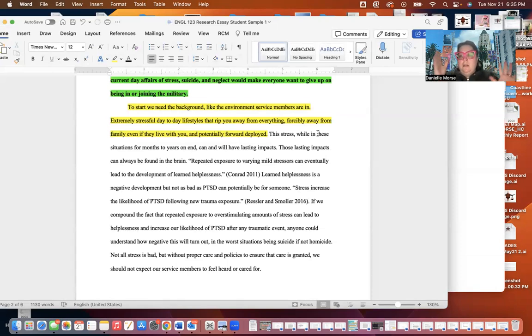This feels more like a question of what happens to soldiers, rather than... I don't want to speak for veterans or for active service members, but I would think that they understand that enlisting comes with the potential that you will be deployed and that you might be separated from your family.